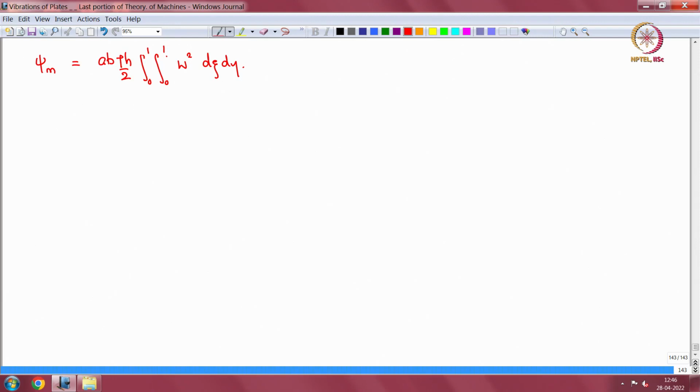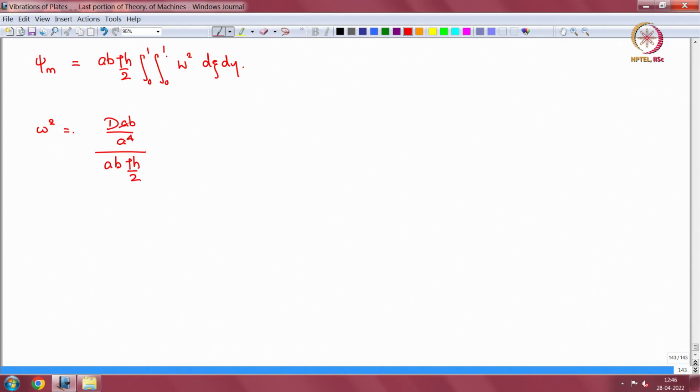So, if you implement this, what happens in the numerator and denominator, we have omega square, the Rayleigh quotient. The numerator has D a b by a fourth, the denominator has a b rho h by 2.